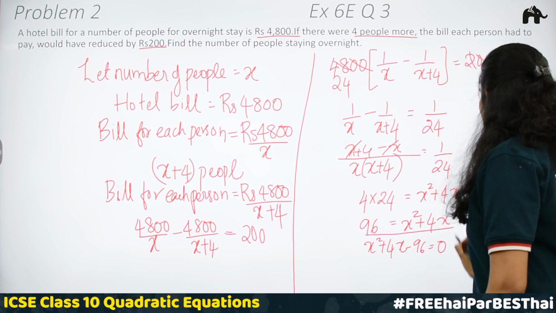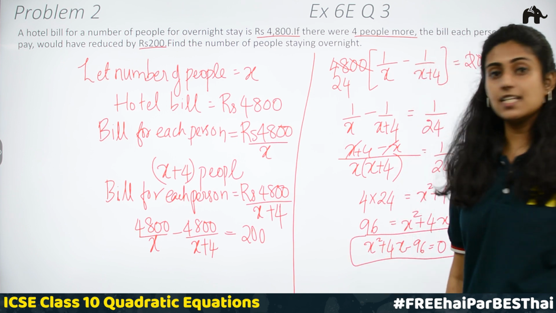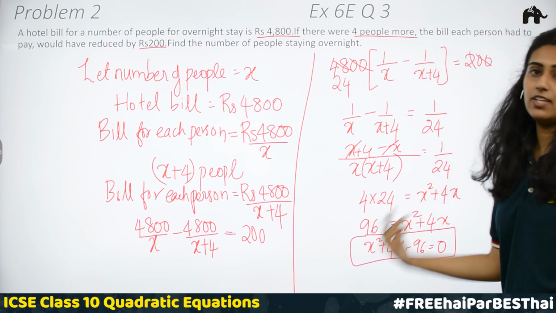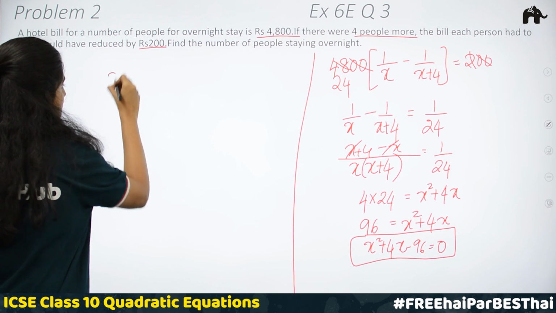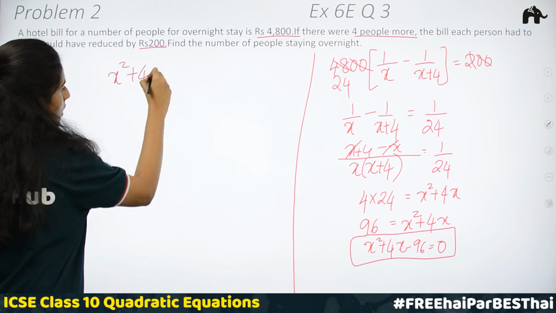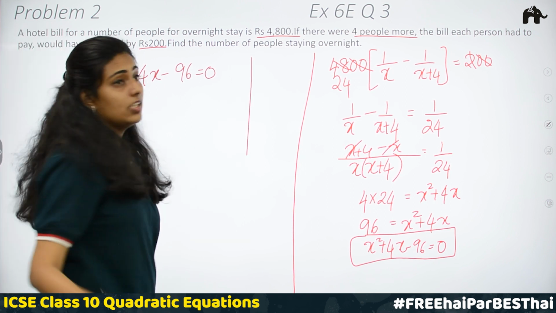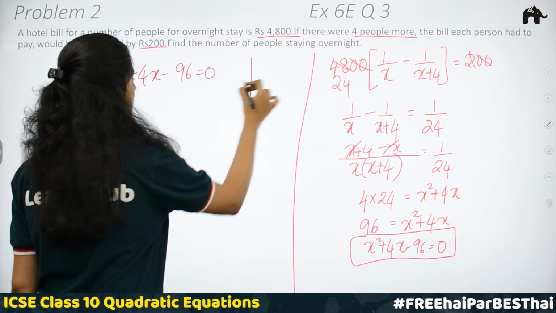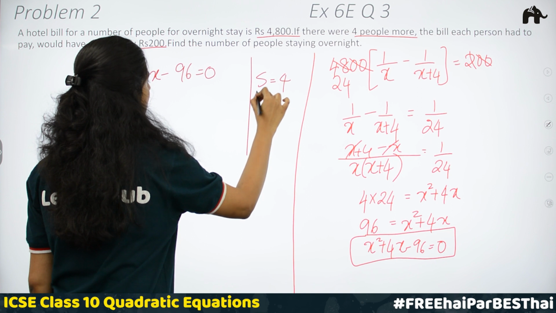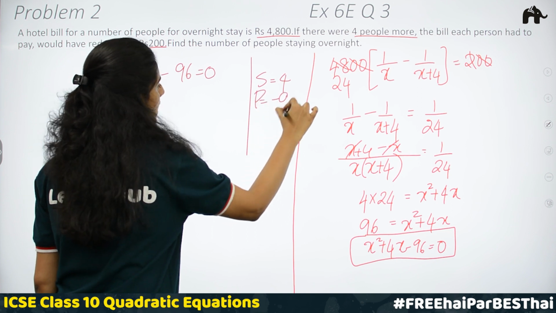So, this is a standard quadratic equation. Solving this, we get the answer. x square plus 4x minus 96 is equal to 0. We should choose two numbers such that the sum is equal to 4 and the product is equal to minus 96.